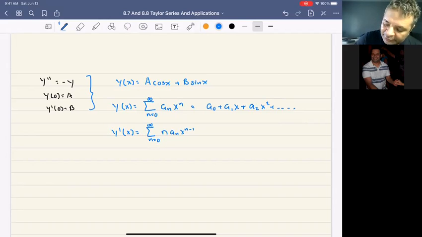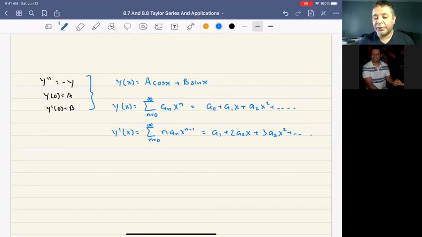If I do this here, the a sub 0, the derivative of that is 0. So we're going to get a sub 1 plus 2 a sub 2 x plus 3 a sub 3 x squared, and so on and so forth. Let's go ahead and do that shift that I like to do.